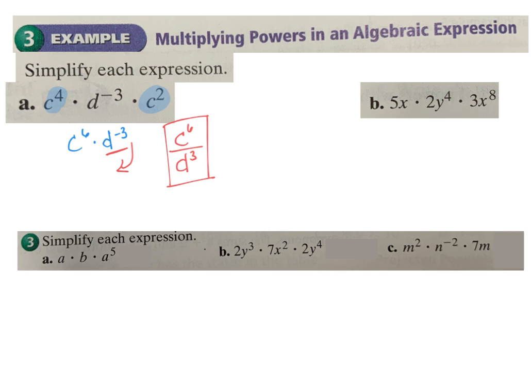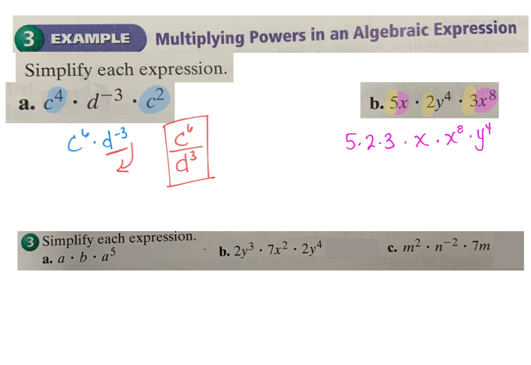Look at the next one. So for this one, we have x's and x's here, but we can actually simplify all of our coefficients. The 5, the 2, and the 3 can be simplified. So we're going to say 5 times 2 times 3, and then we're going to simplify our x's.